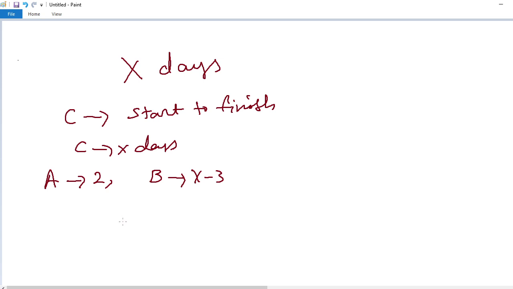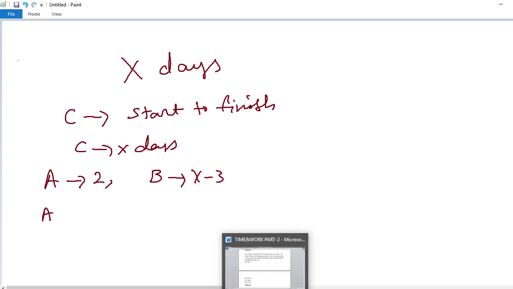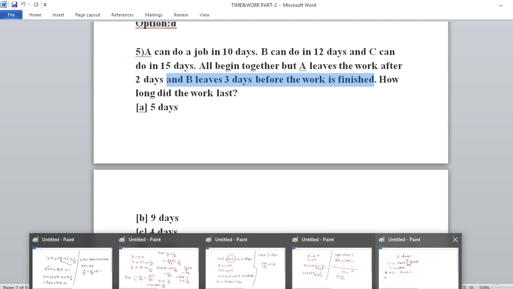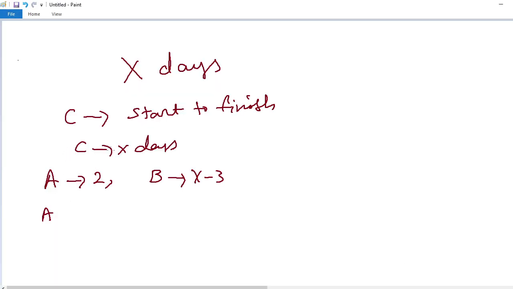Okay. So here, in the given question, A can do the job in 10 days, B in 12 days, C in 15 days. So A's 1 day work is 1 by 10. 2 days work is 2 into 1 by 10, simply 2 by 10.